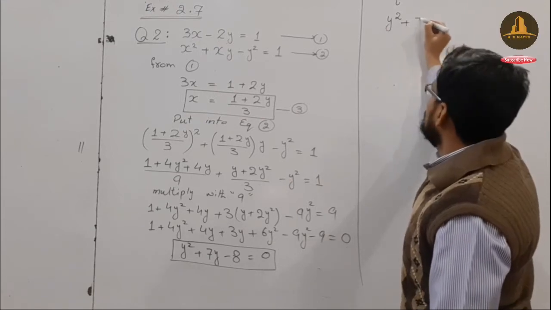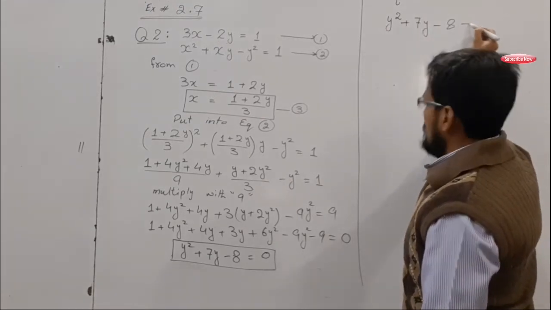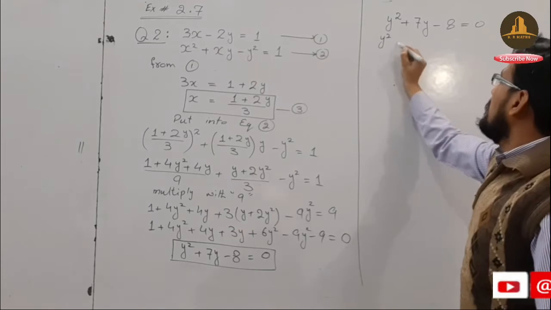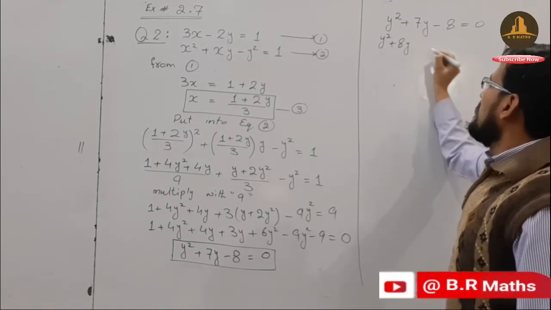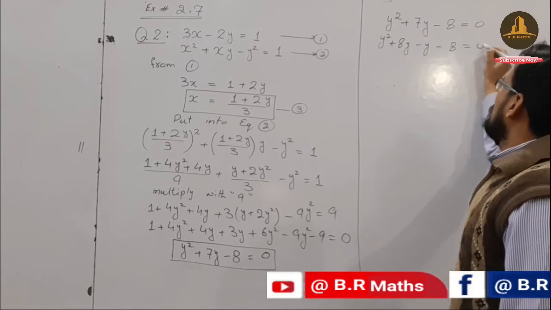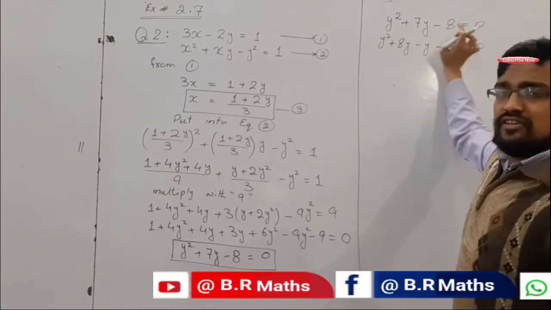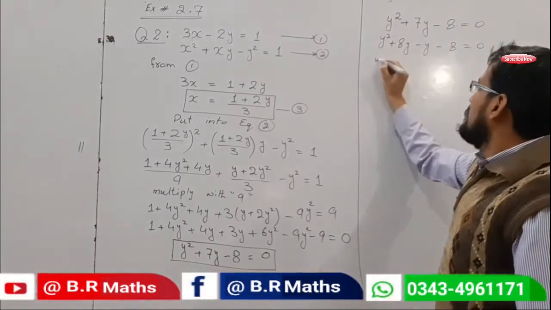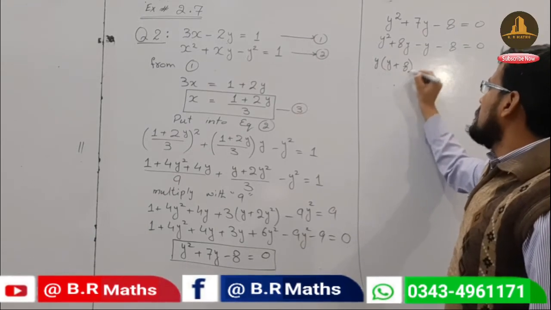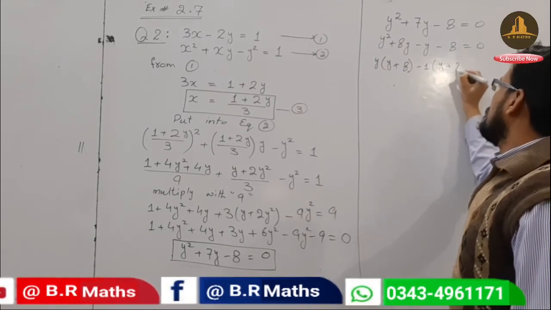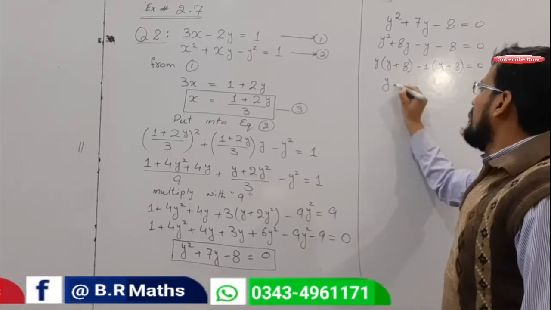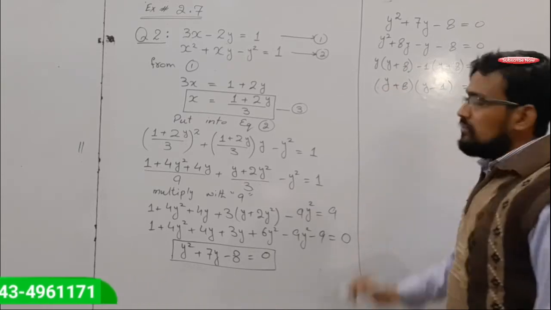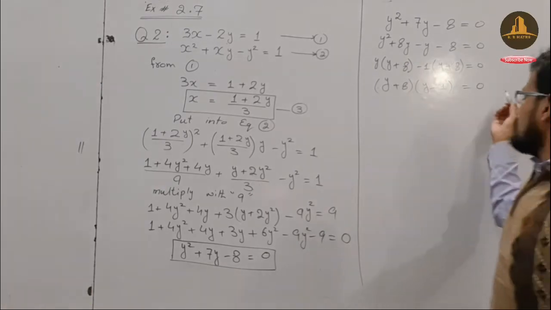y square plus 7y minus 8 equal to 0, and by factorization it becomes y square plus 8y minus y minus 8. You know about factorization, the product of the two terms is equal to 8 and the difference is 7. Okay, so take y common: y plus 8, minus 1 common: y plus 8 equals 0. y plus 8 and y minus 1 equal to 0, and then the product of two factors is equal to 0.